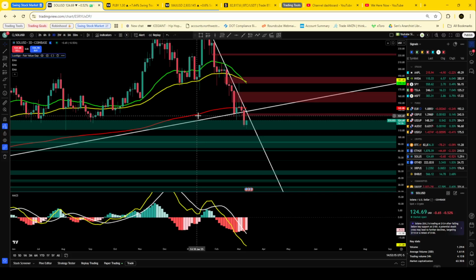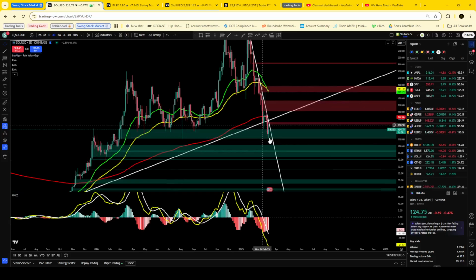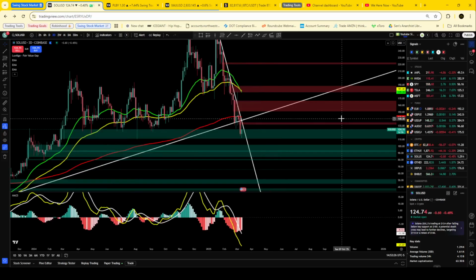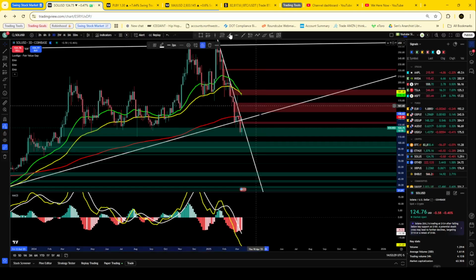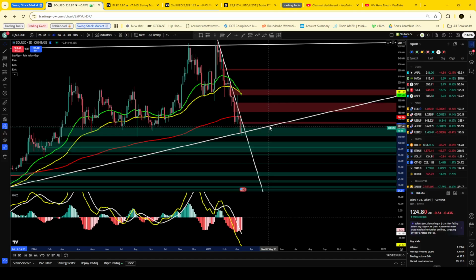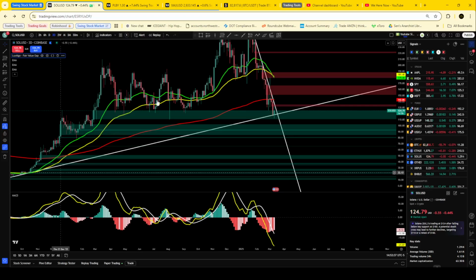However, it is below the 200-day EMA, so I would really keep an eye out on that. Let's fix this up real quick.